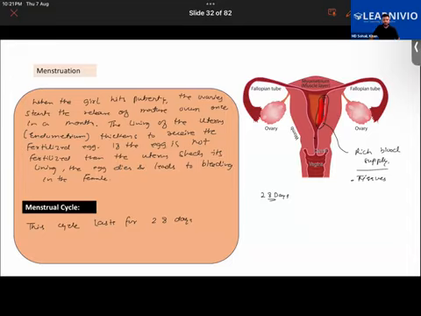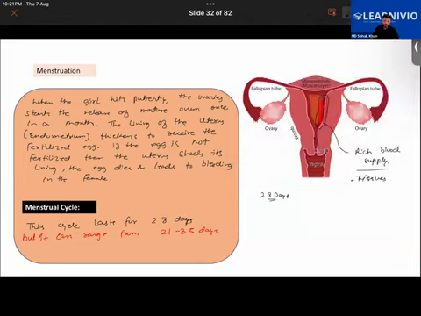But it can range from 21 to 35 days. The cycle is usually about 28 days long, but it is not a fixed number, and it repeats every month.